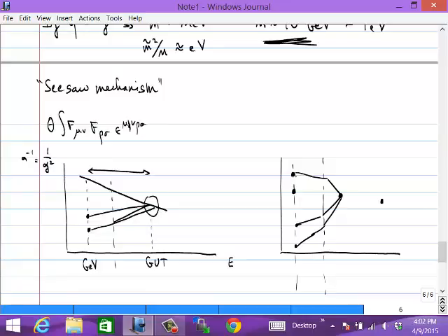Last chance. Just add another copy of the standard model. So the matter content of the standard model makes the couplings have a particular slope, okay? Just add another copy of it, and then you'll double the slope.